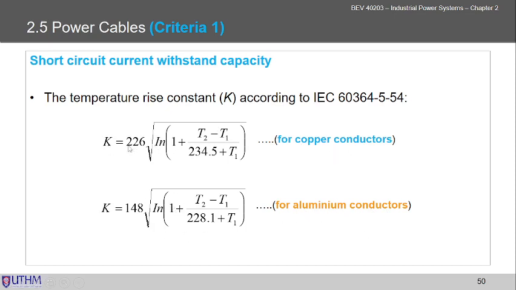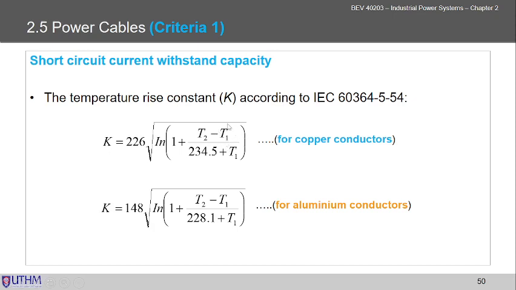So if you see 226, that means this is for copper. If you see 148, this is for the aluminum conductor calculation for the K. So this is the temperature rise constant, the K. T2 minus T1: T2 is the final temperature, T1 is the original, starting temperature.